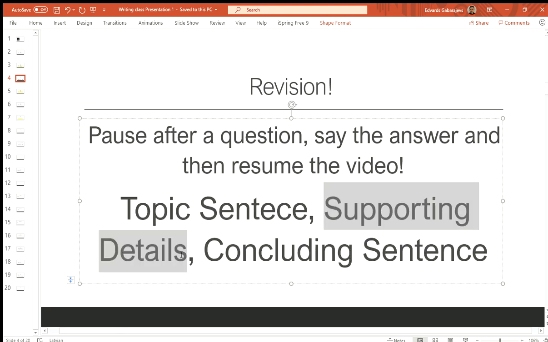Supporting details is this part right here. So we present an opinion, an idea in the topic sentence, then we use supporting details to support that idea that we want others to believe in or understand better.